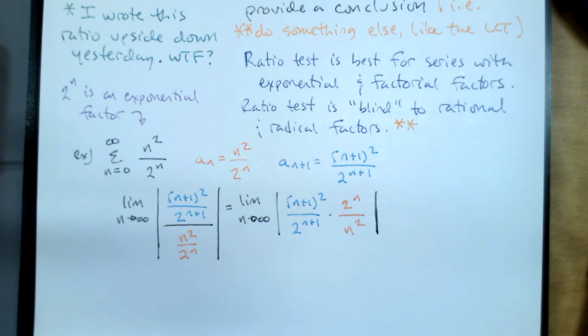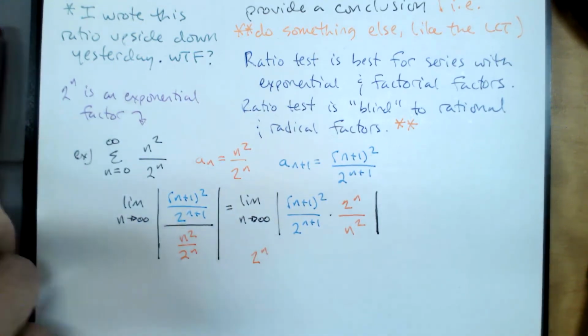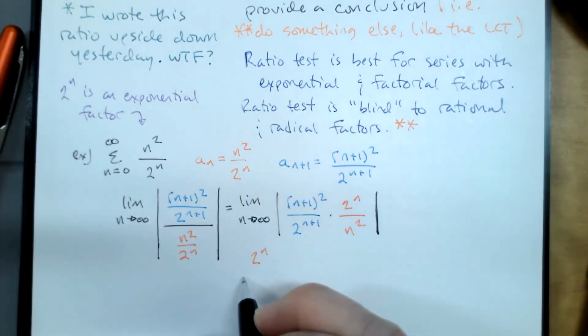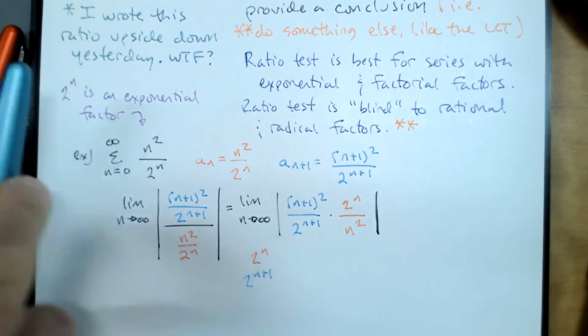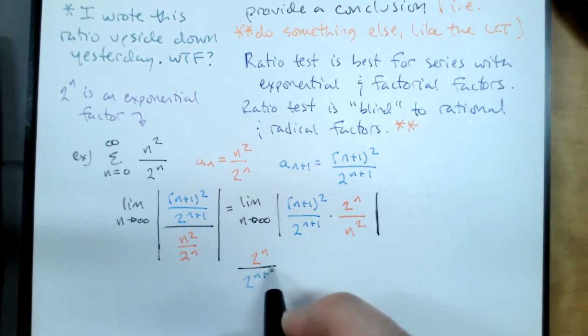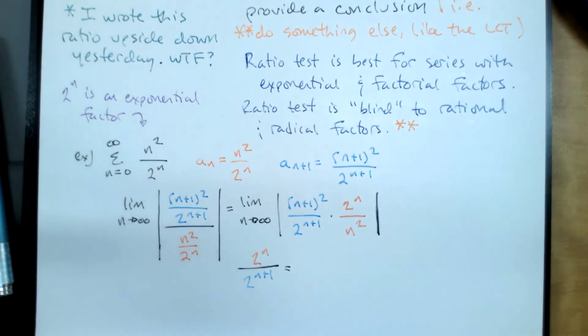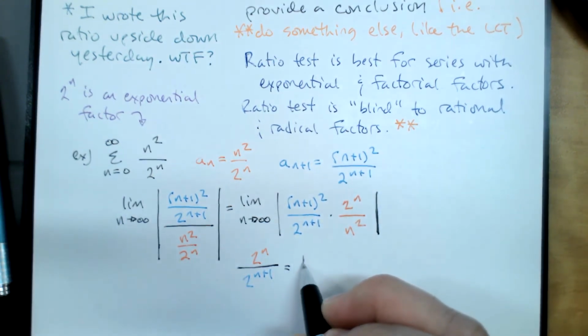Here's what's going to happen with those exponential factors. Notice I've got a 2 to the n over 2 to the (n+1). We'll end up with just a half, because 2 to the n cancels out.